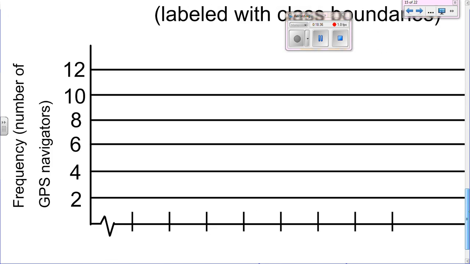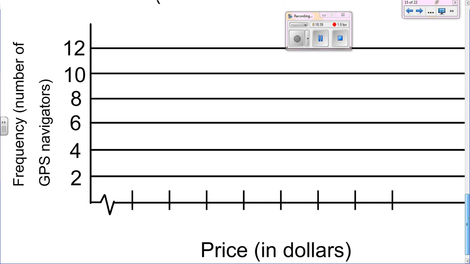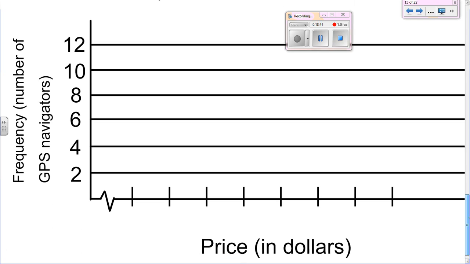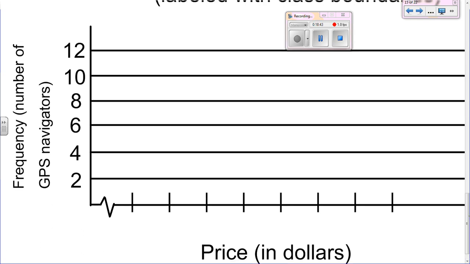And I'm doing the same thing, but I'm going to label it with class boundaries. So your graph's going to look exactly the same, but we're going to have the actual class boundaries.